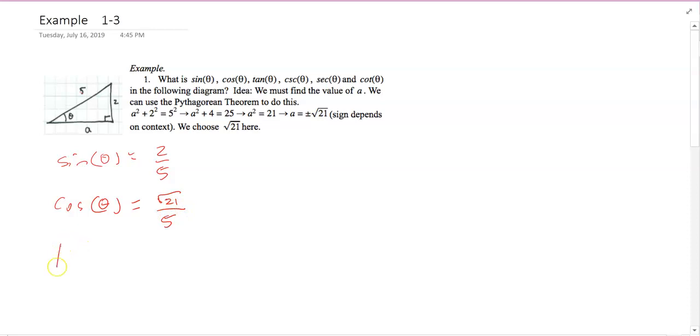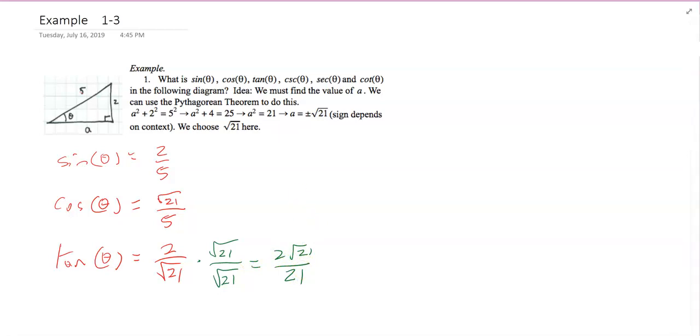The tangent of theta is the opposite over adjacent, which is 2 over a, so that's 2 over radical 21. But we want to rationalize this to have a non-radical in the denominator. So we multiply by radical 21 over radical 21. That will give you 2 radical 21 over 21.